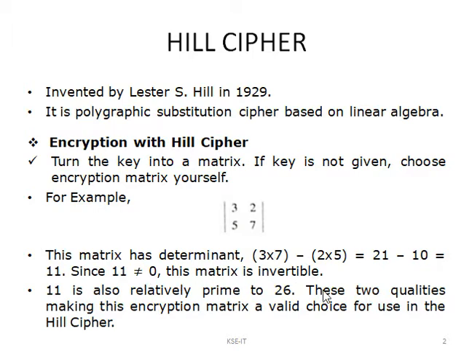That means this matrix is invertible. The first quality is satisfied. 11 is also relatively prime to 26. The second quality is also satisfied. These two qualities make this encryption matrix a valid choice for using Hill cipher.